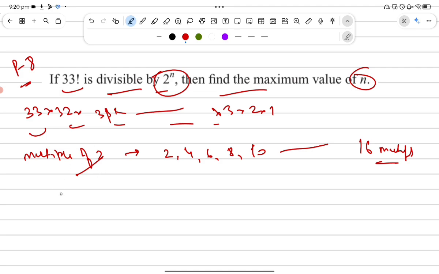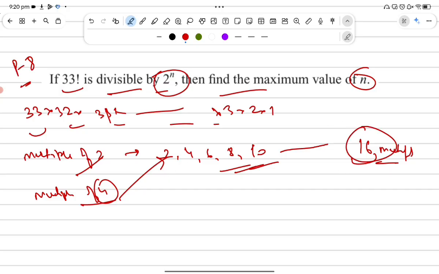Now, what about multiples of 4? Why are we doing this? Multiples of 4? Because they will give an extra power of 2, right? We have counted 2 only one time here in these. They have been counted in this as well. But 2 has been counted only once here. So we'll have to count that extra here. Like this is 2 into 2, right?